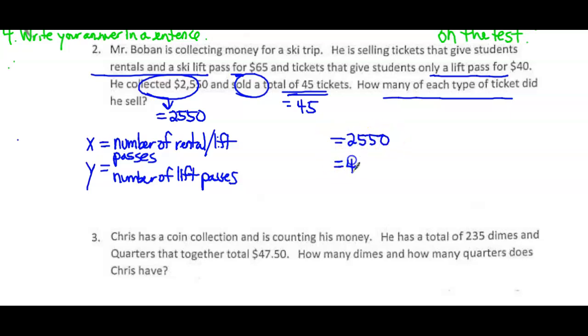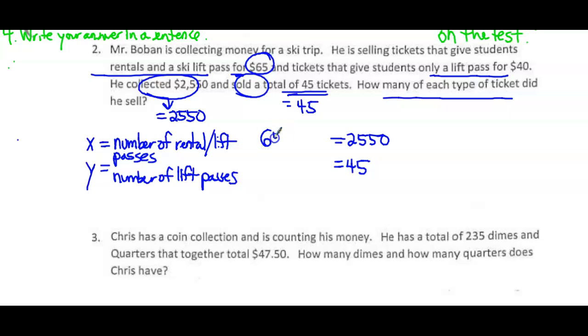Okay. Now you did have some time while we were switching over to videos to write your equations. Now 2,550 is dollars, so when you write the equation on the left side of there, it should have money with it. So the number of rental lift passes, it says that it costs $65.